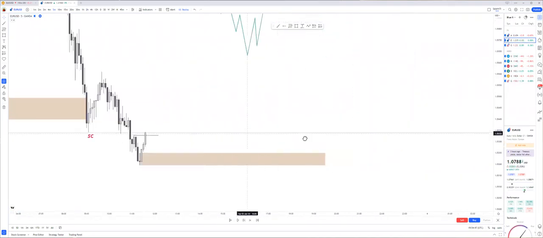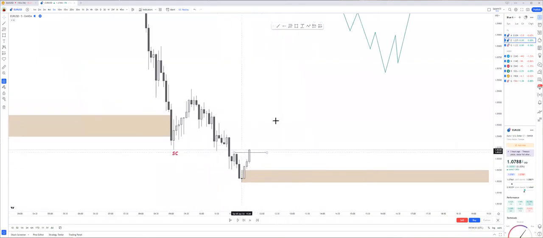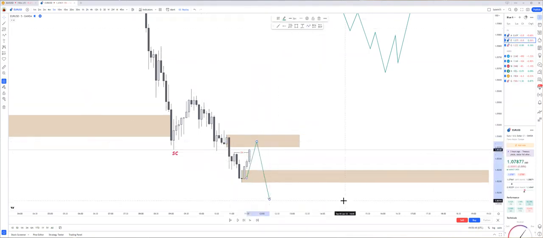At the same time, there's been a change of character here, but this is where you may fall into the trap now, where it's just coming to mitigate this area, because this is practically a supply zone on a smaller time frame, on the 5 minute. Okay. So understanding that there's also an imbalance here, it could just come into this area. So it could do something like this and then basically keep breaking down. So let's just wait and see what happens next.